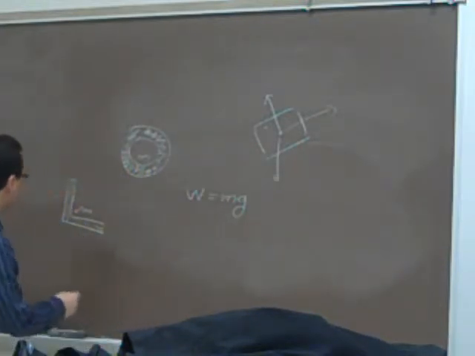So basically what I'm saying is, think about if this is Earth. If you have a small object, of course the center of mass is here and the center of gravity is also at the center. But think about if you have a very large object, very large compared to the Earth. The center of mass is still here, right?